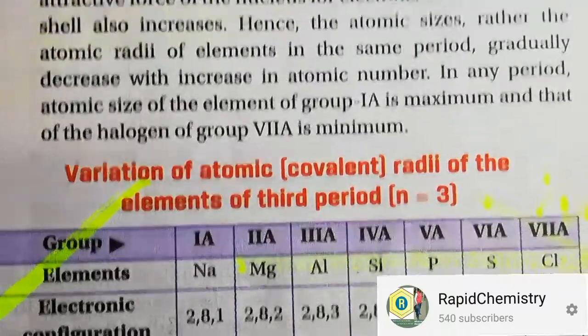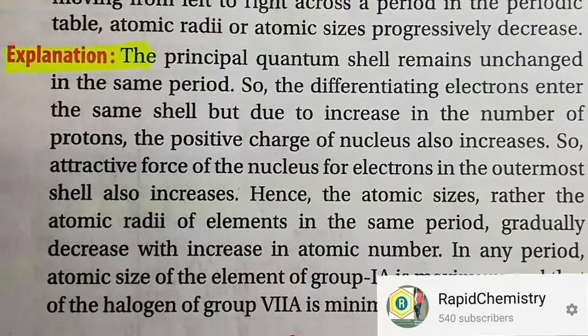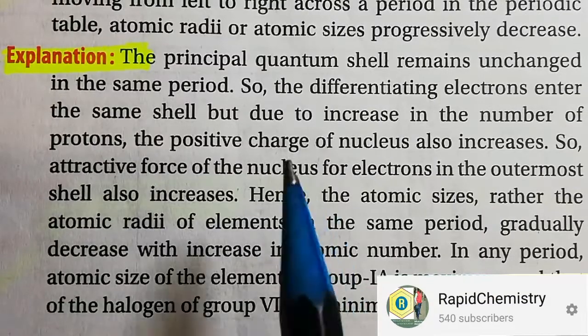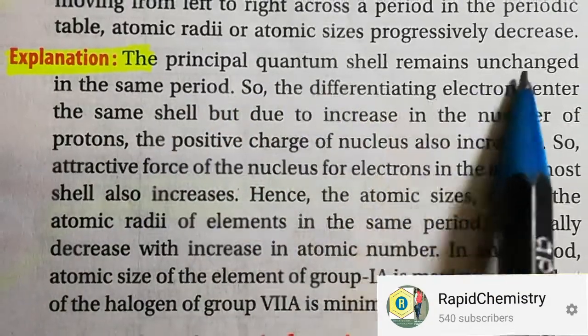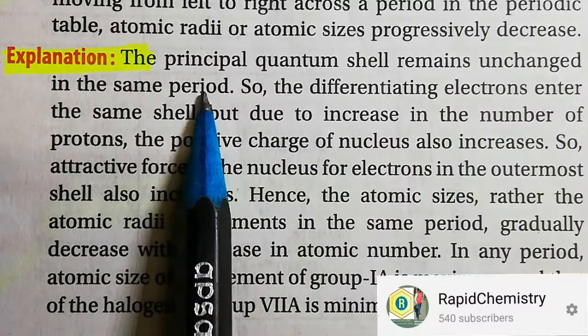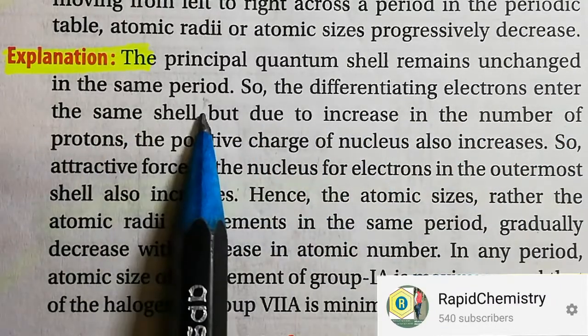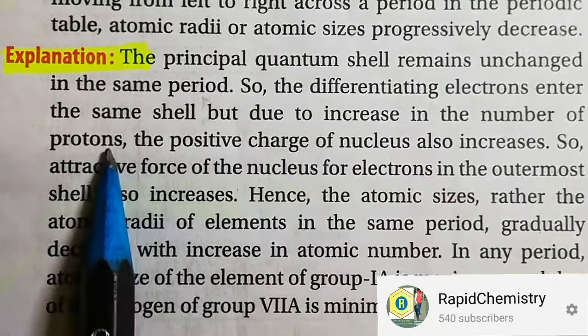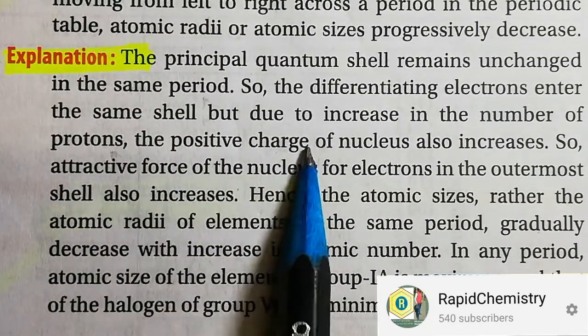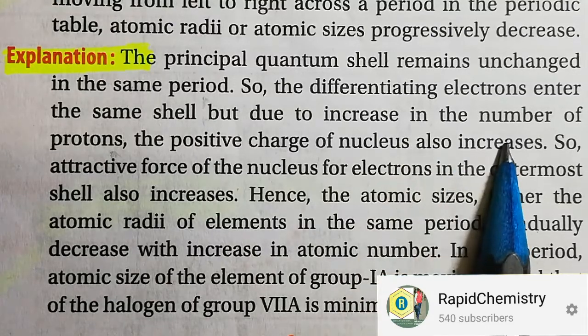Let's look at what they have explained here. The principal quantum shell remains unchanged in the same period. So the differentiating electrons enter the same shell, but due to the increase in the number of protons, the positive charge of the nucleus also increases.